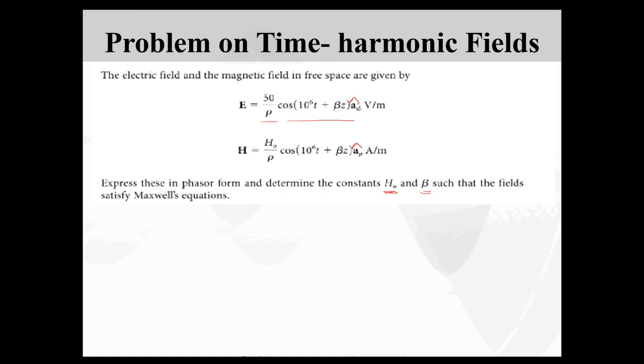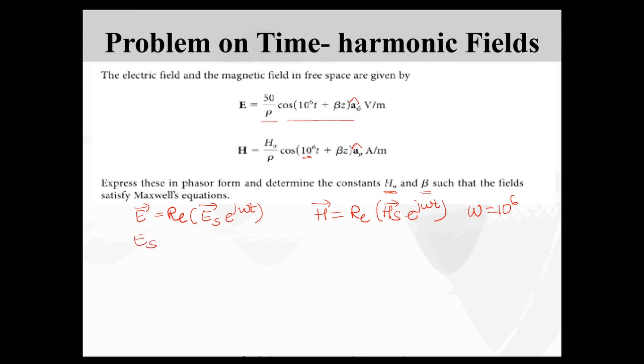Using the phasor representation, the field E can be written as the real part of, because it is a cosine function, Es, that is the phasor of electric field intensity, times e to the power j omega t. Similarly, H is written as the real part of the phasor of H times e to the power j omega t. And in the place of omega we have 10 power 6. So let us write that, this is a known factor. Now let us recognize what Es is here.